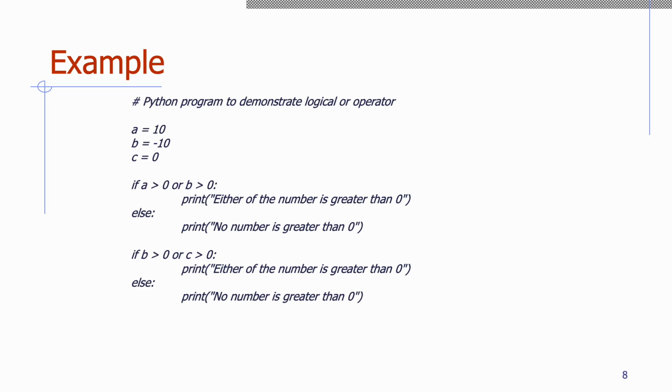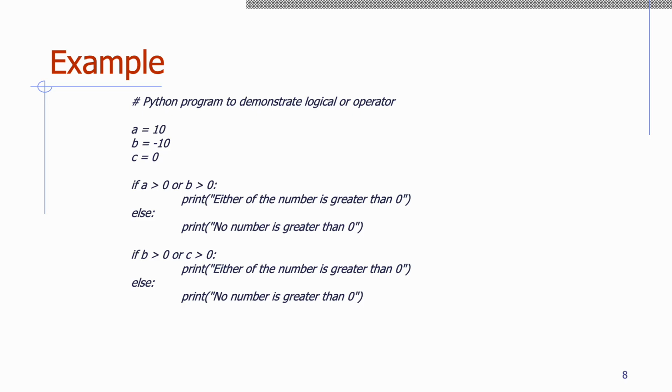Here is an example for the OR operator. We have three values here: A is 10, B is minus 10, C is 0, and we have two if-else statements. Depending on the first if statement, if A is greater than 0 or B is greater than 0, we print this, else this statement.